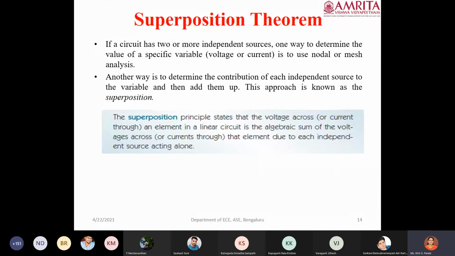The principle states that the voltage across an element or the current through an element in a linear circuit is the algebraic sum of the voltages across or currents through that element due to each independent source acting alone. Can you please note down this particular thing which is in blue color in your notebook?